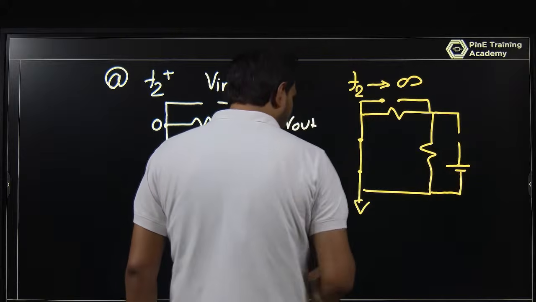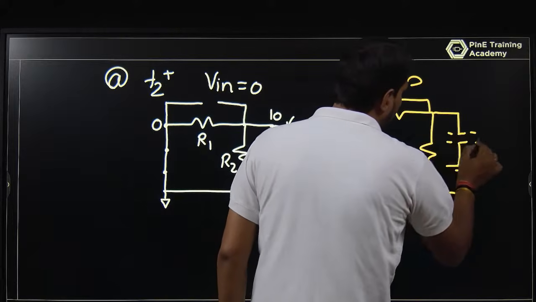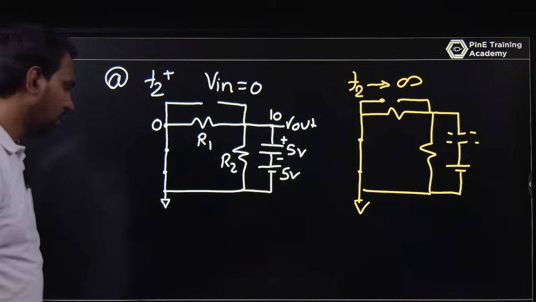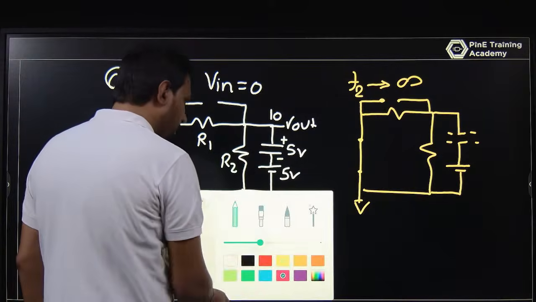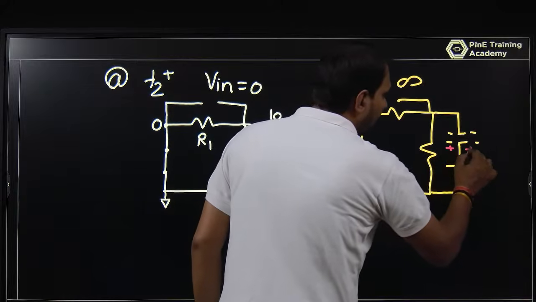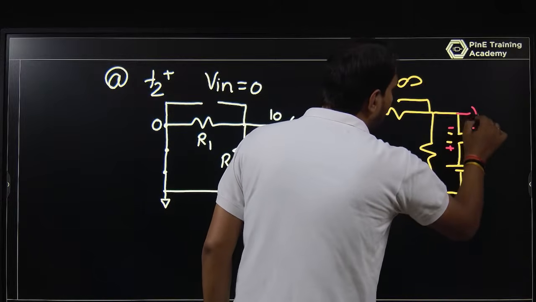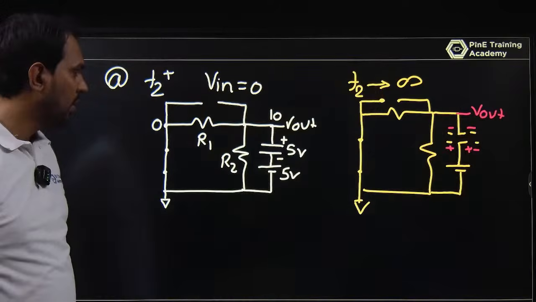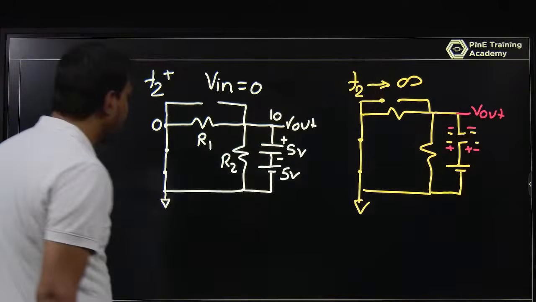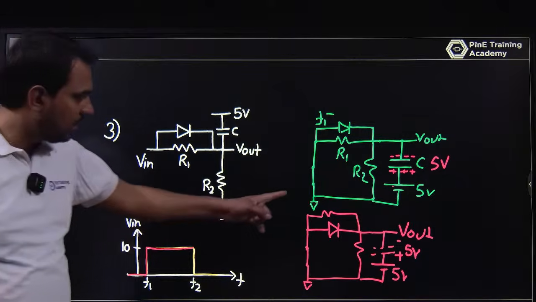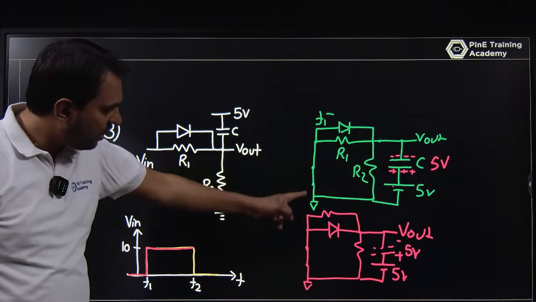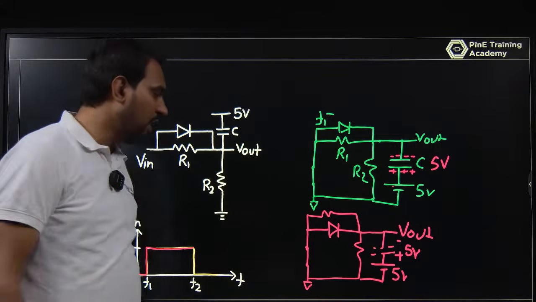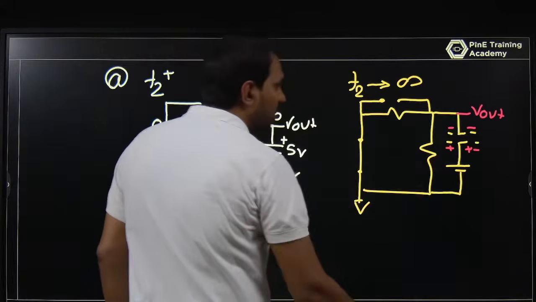So this becomes plus and this becomes minus, and V out is what? It is just like the T1 minus case. Just check it. In the T1 minus case, the input is like this and the diode will be open. So what is V out? V out becomes 10 and then V out becomes 0 volt there.